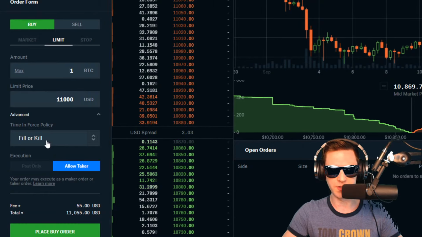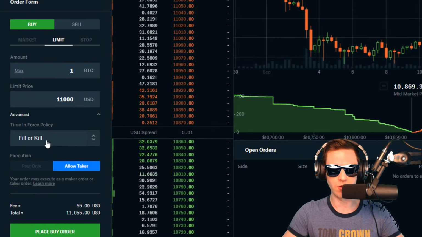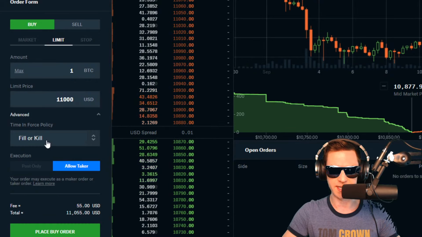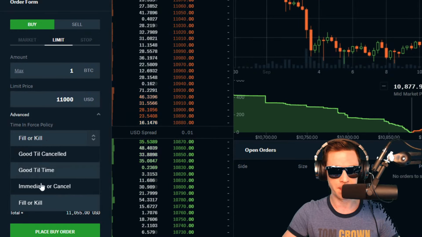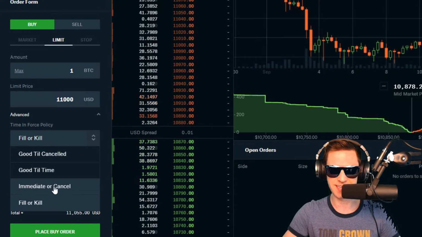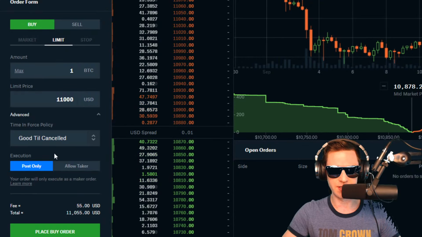It will only sell the entire 1 Bitcoin, or it will essentially cancel the order altogether. So these two are not that useful in my opinion, but I'm sure someone has some reason that they'd use them. Not really something that I would recommend messing with.